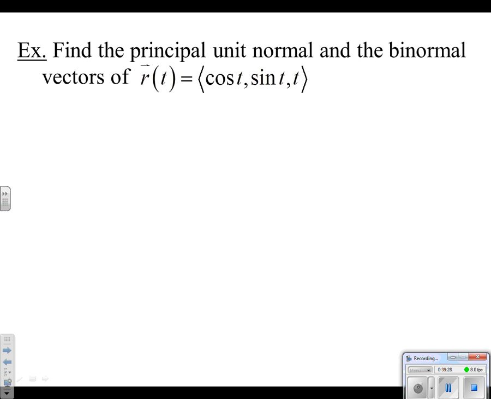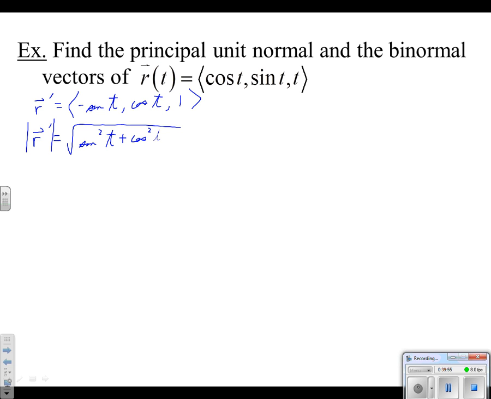So there's r, we need r prime, which would be negative sine t, cosine t, 1. We need the magnitude of that, which would be the square root of sine squared t plus cosine squared t plus 1. So that would be radical 2.